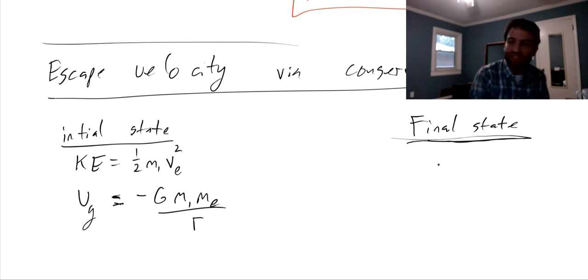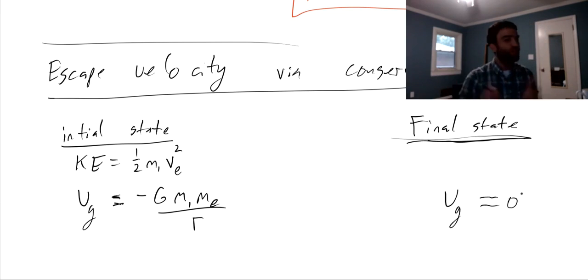Okay, and what do we want in the final state? I want to imagine that we've fired this object just fast enough that it's just barely able to escape the Earth's gravitational field. So in the final state, the gravitational potential energy is zero. We've escaped the Earth's field. We're so hugely far away that we've lost all of this potential energy.